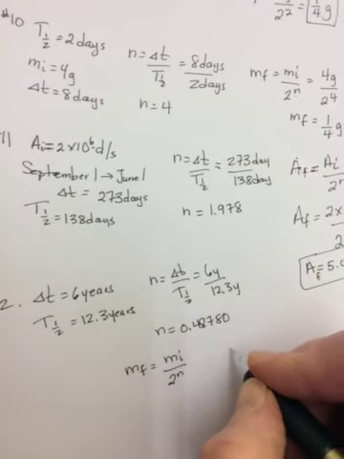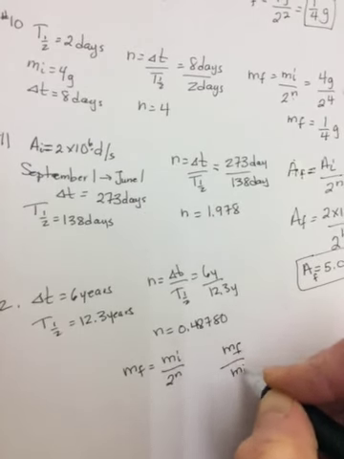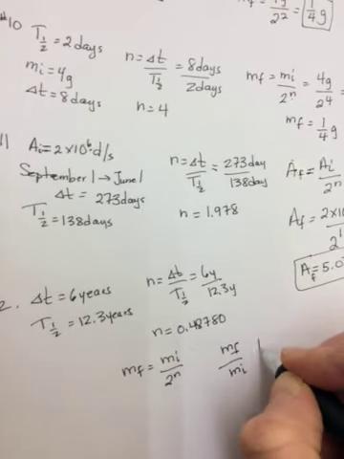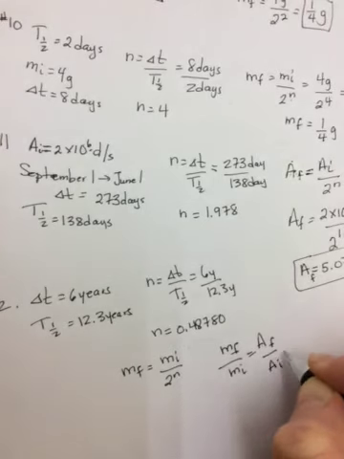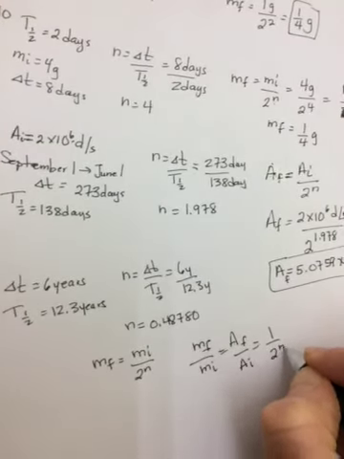So divide both sides by MI. MF over MI will give us the comparison, how bright it is compared to what it was. Or maybe it's AF over AI, because it's talking about activities. It doesn't really matter. Either of them are going to be equal to 1 over 2 to the n.